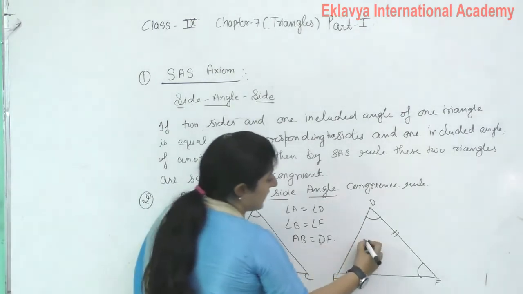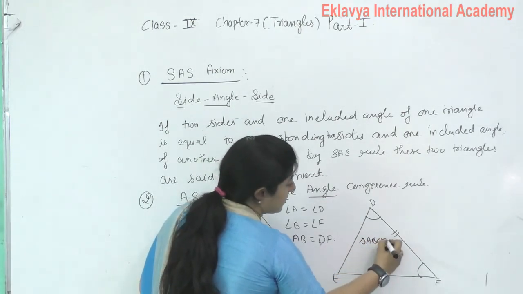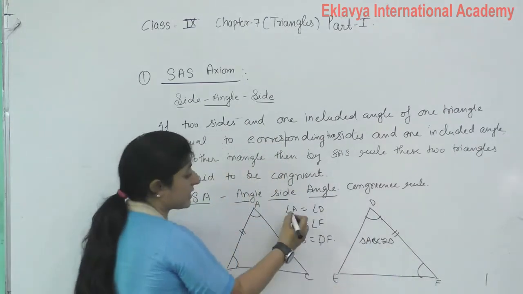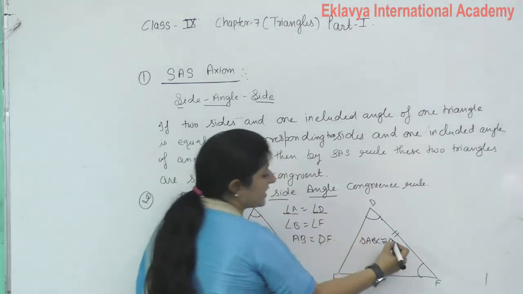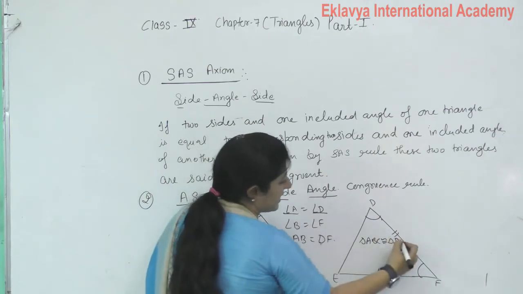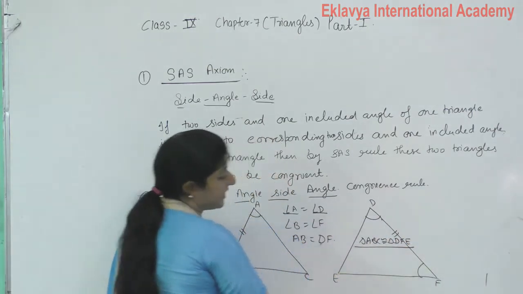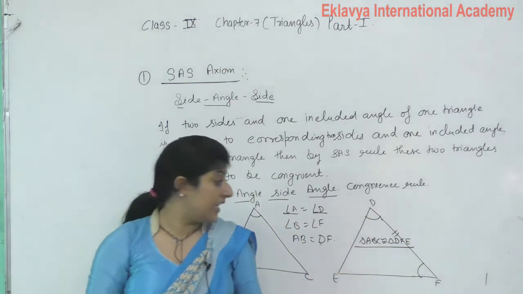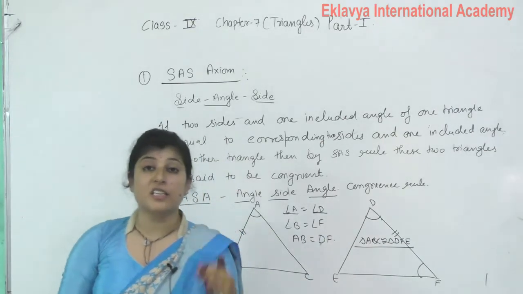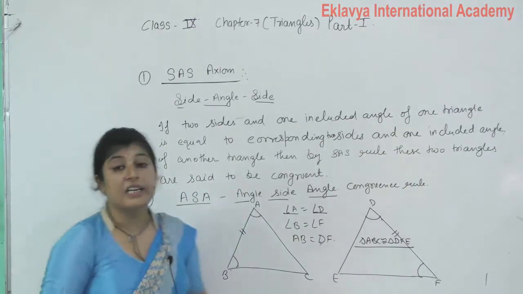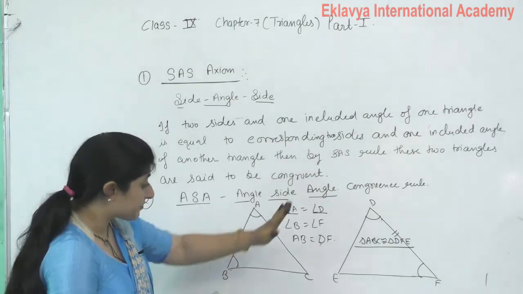What should be the name given? Triangle ABC is congruent to triangle... Very simple. According to the angles, with A there is D, with B there is F, so we give the name DFE. Triangle ABC is congruent to triangle DFE.